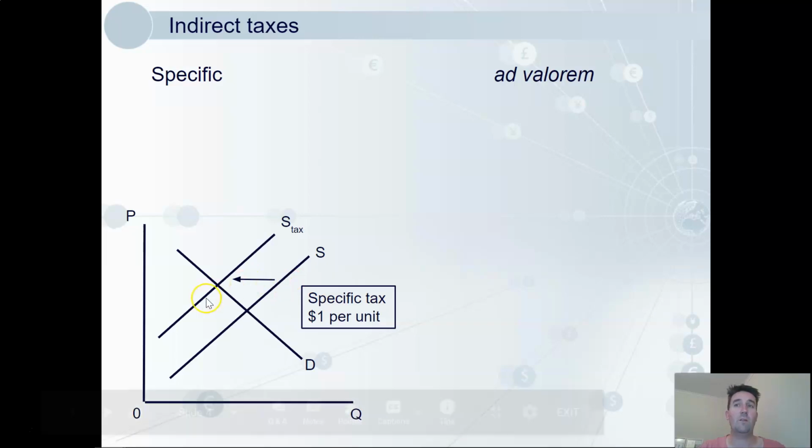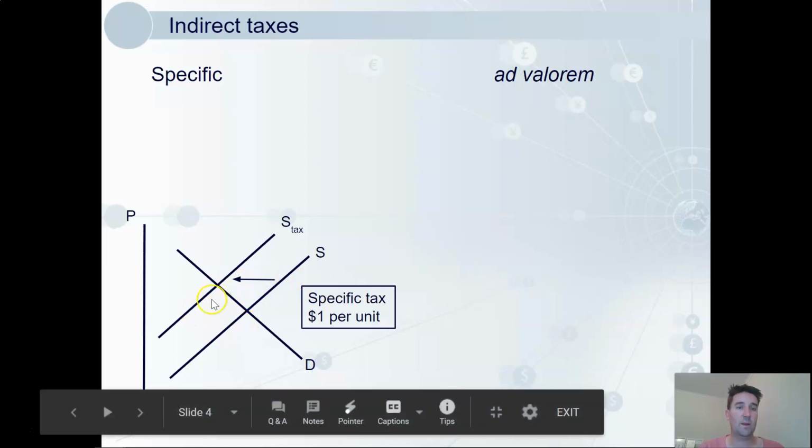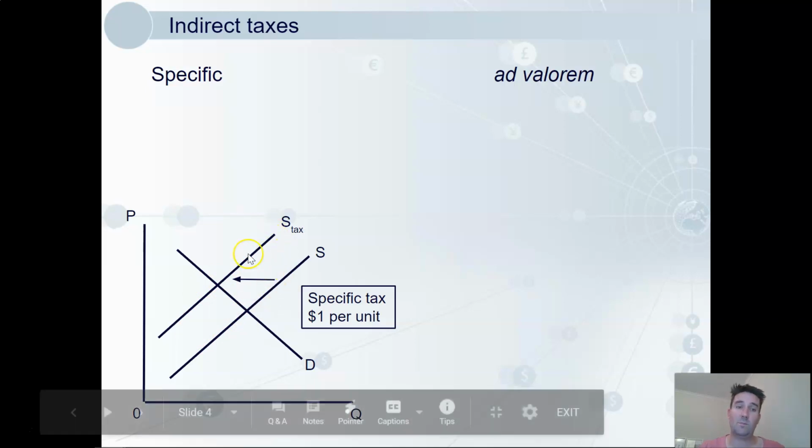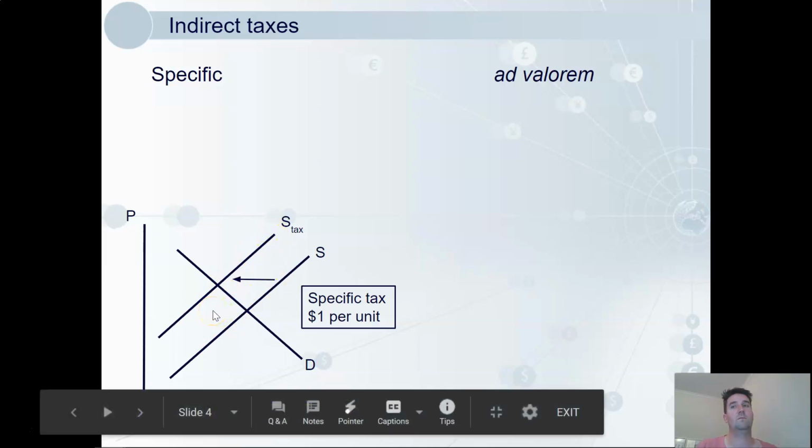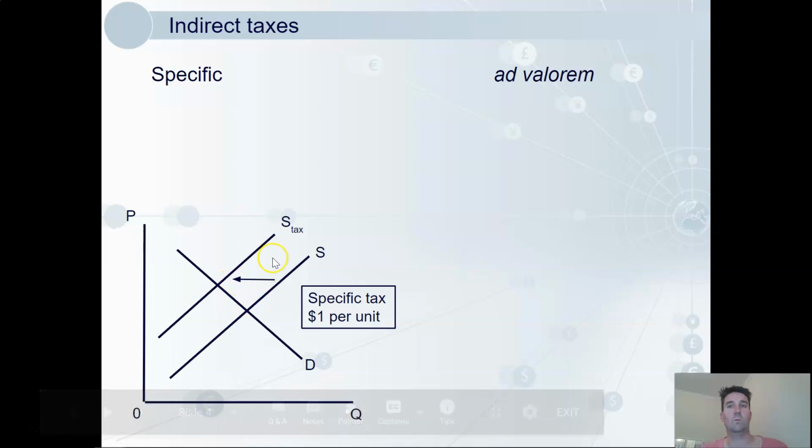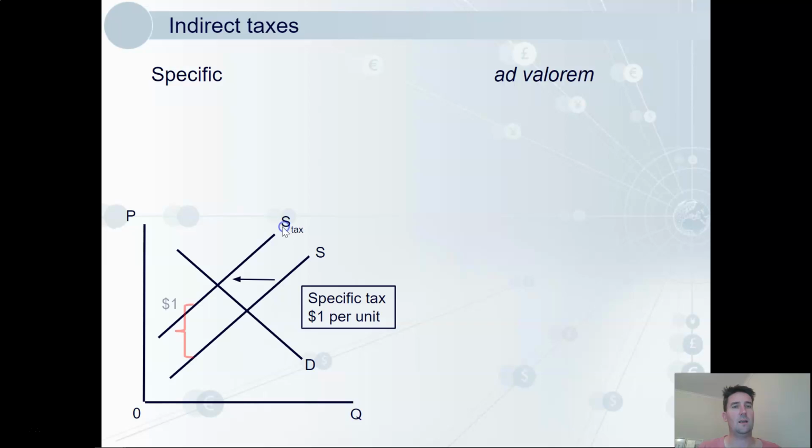The new curve is parallel as the vertical distance between the curves is the amount of the tax, and the amount of the tax per unit is always $1. So the vertical distance will always be the same. An example of a specific tax is the excise on petrol, which stands at about 40 cents per litre. So about 40 cents of every litre of petrol you buy is taxed to the government.